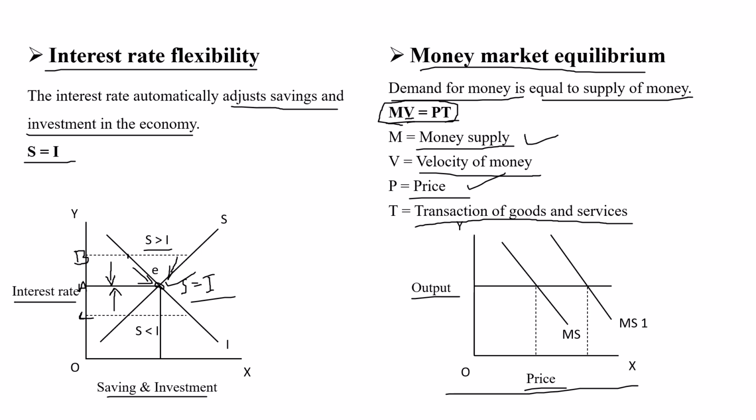Suppose the OT curve is the output, and it is constant. If the supply of money increases from MS to MS1, prices increase from OE to OE1, but output is constant.